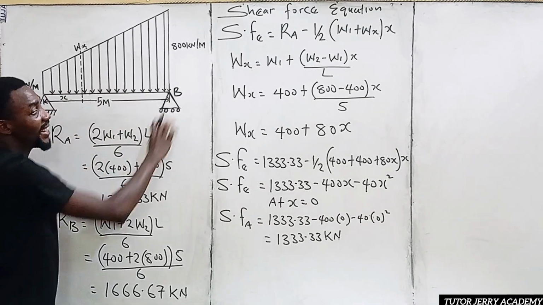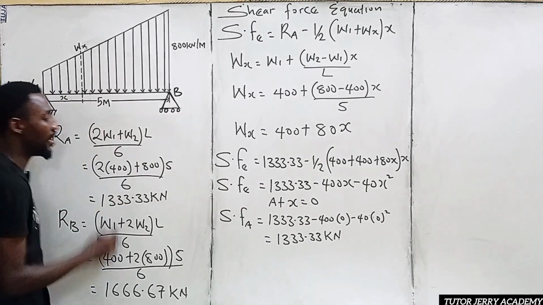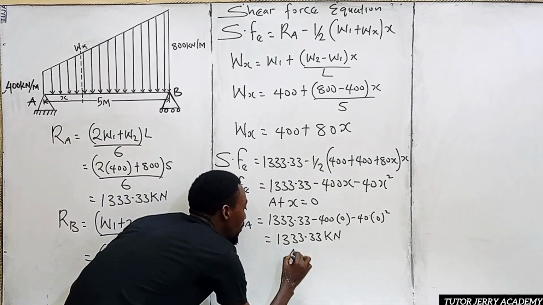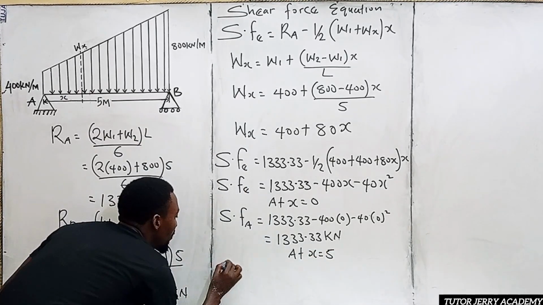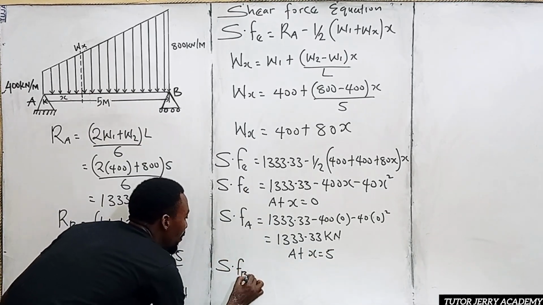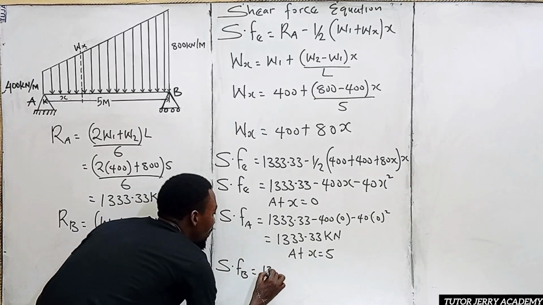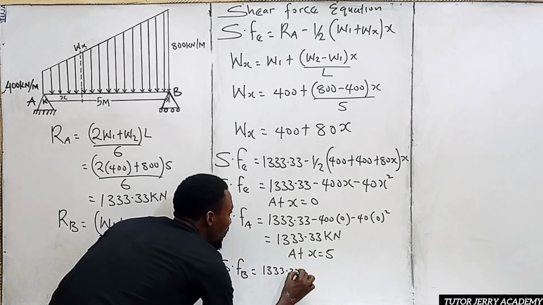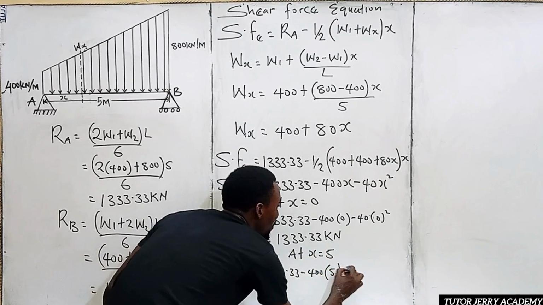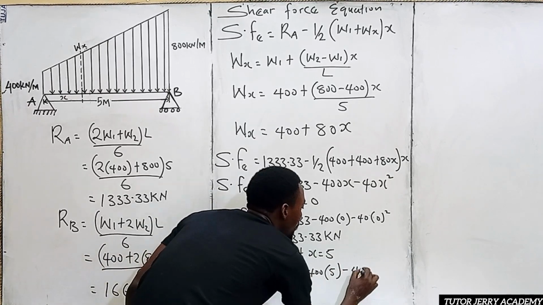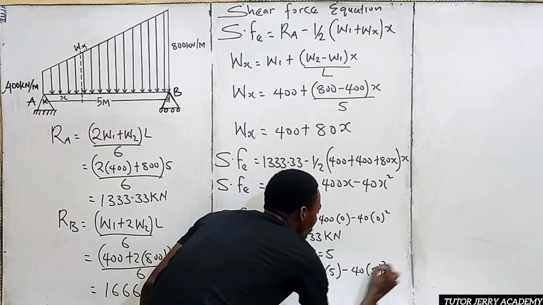All right. Now for us to get the shear force at point B, our S will be equal to the entire length, S equals 5. So at S equals 5, the shear force at point B will be equal to 1333.33 minus 400 into 5 minus 40 into 5 all squared.